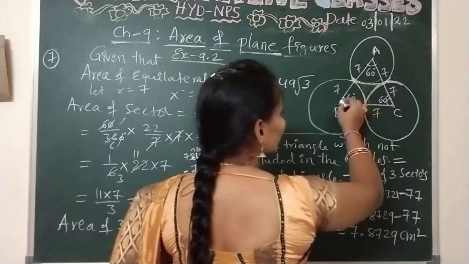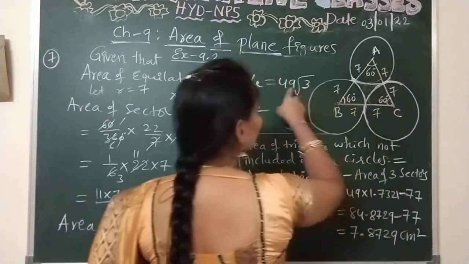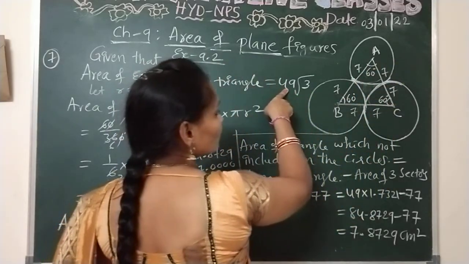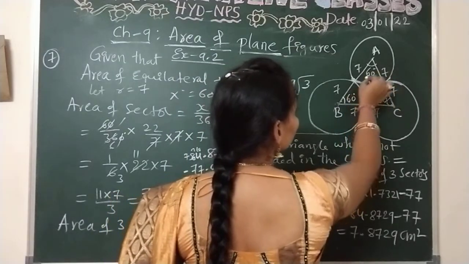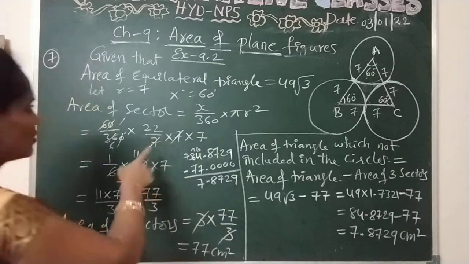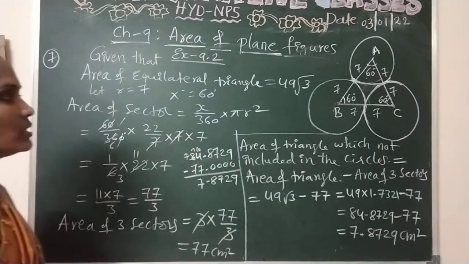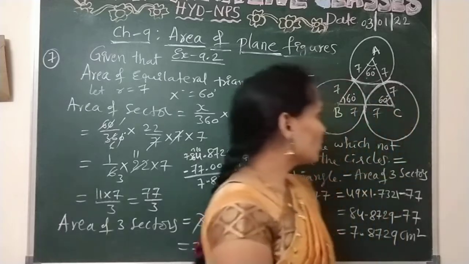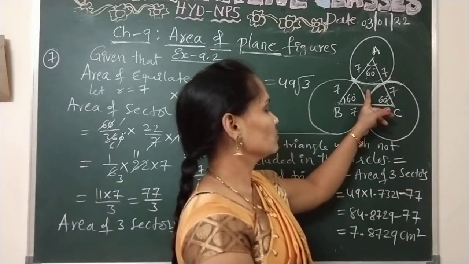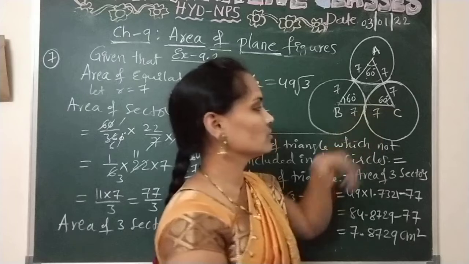The area of the triangle is also given, no need to find it again. Just find the area of 3 sectors using this formula, then subtract from the area of the triangle, and you will get the area of the middle portion which is not included in the circles.